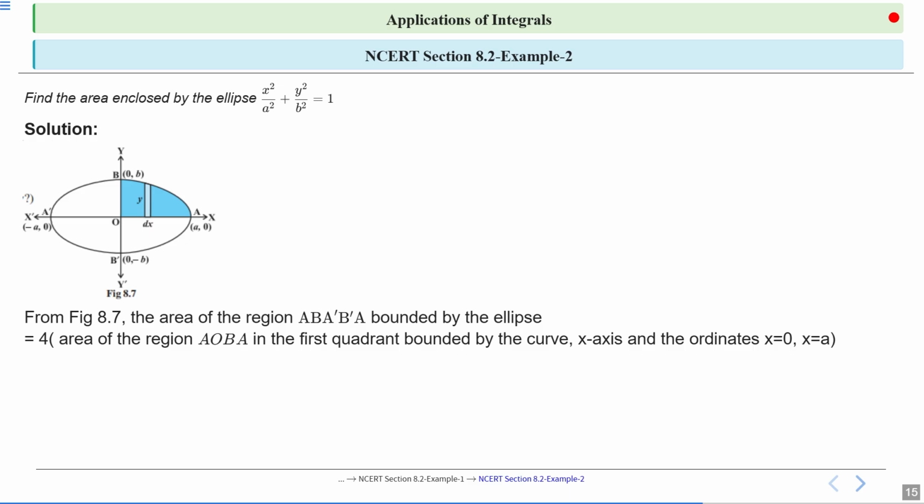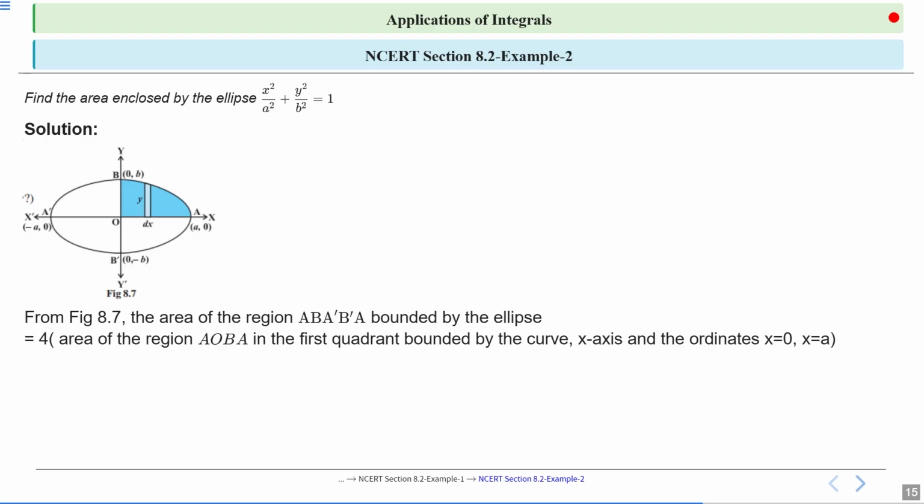The line x = a is a line crossing through the point A and parallel to the y-axis. Just imagine. So we calculate the area from the line x = 0 to the line x = a, and we integrate this thin strip, that is y dx.